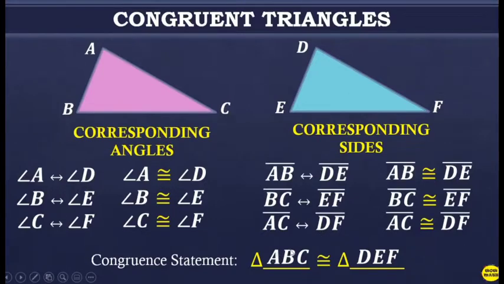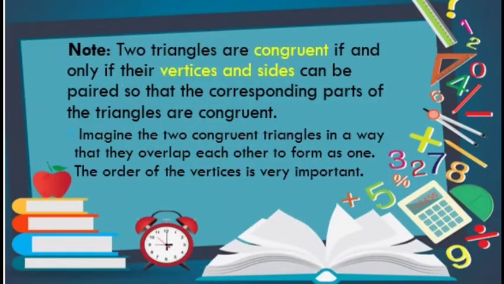Let's say, triangle ABC is congruent to triangle FED. No, because if we check, and F comes first, then F corresponds to A, which based on this is not correct. F corresponds to C. So, the order of our vertices must be correct.